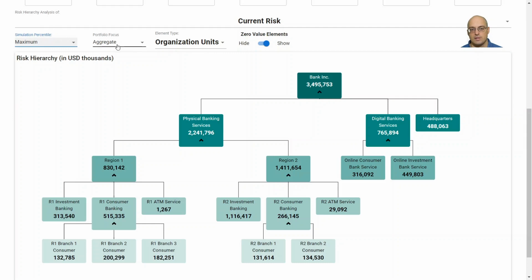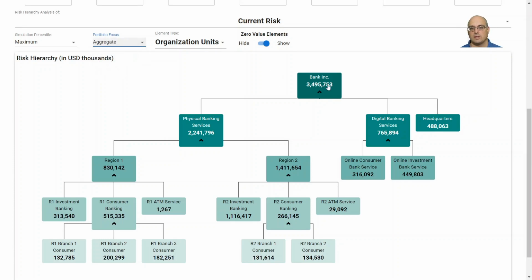However, there is an area here, the portfolio focus, which is currently on an aggregate basis. This looks at the model or the portfolio and captures the potential worst case scenario for the entire portfolio. However, we can switch it to the element view, in which case you can see that the overall risk went up significantly.